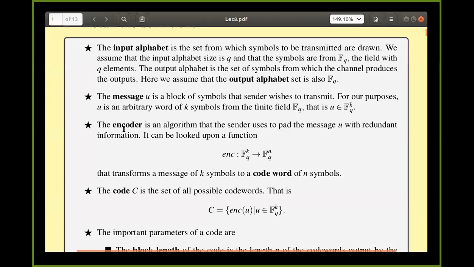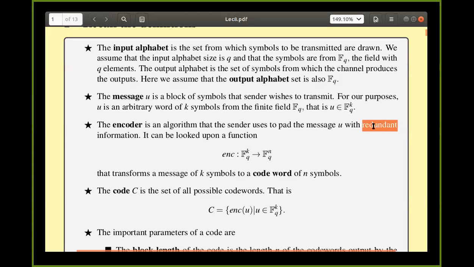This is the message. Now we have an encoder, an algorithm or a function that pads the message u with redundant information. It can be looked upon as a function, called the encoder function. The encoder function is a map from F_q^k to F_q^n, meaning the set of all k-tuples is transformed to the set of all n-tuples by adding some redundant information.